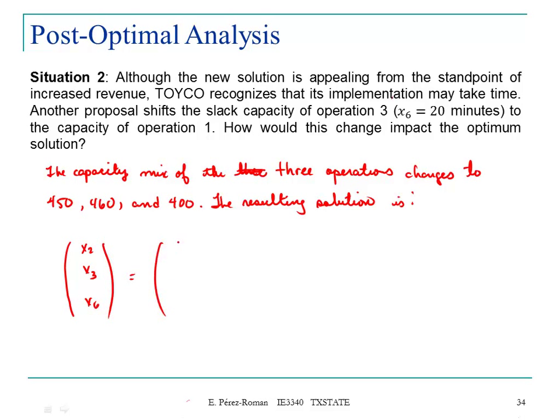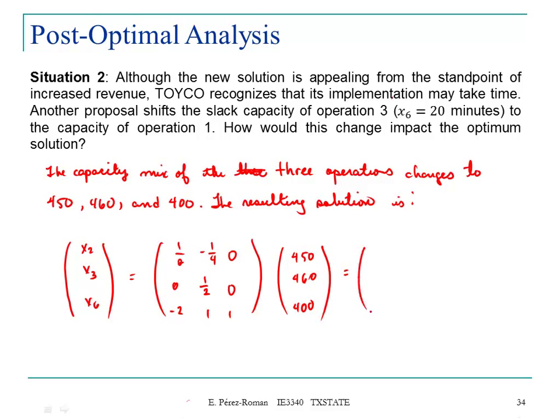Take the inverse from the optimal tableau times the new right hand side, 450, 460, and 400, and this will become this 230 minus 40.